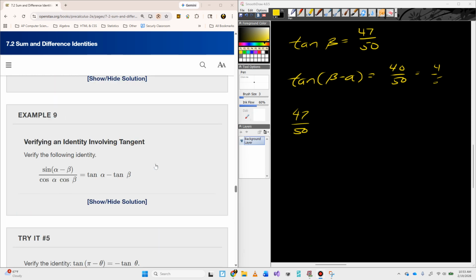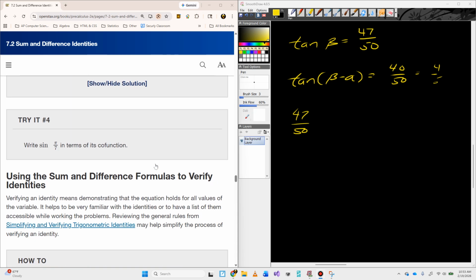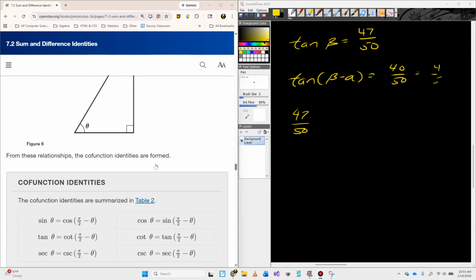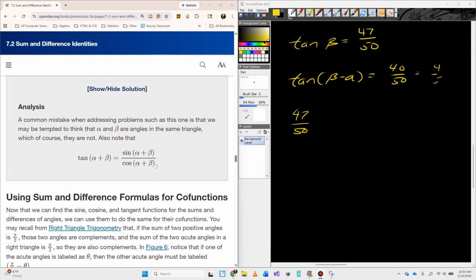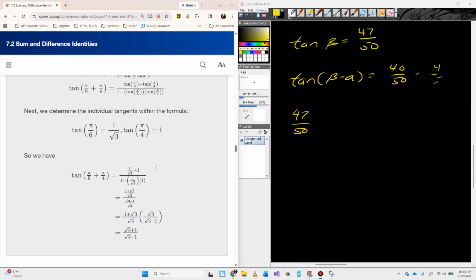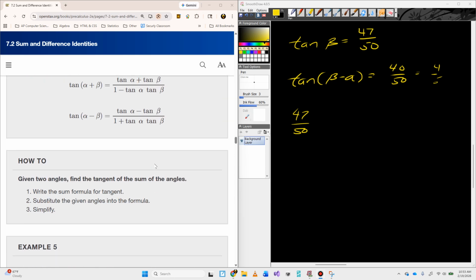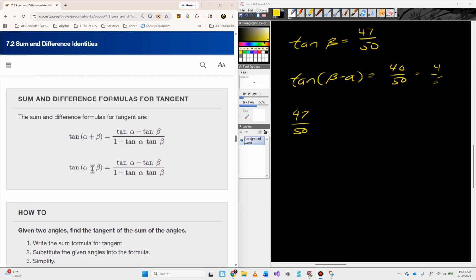So if I scroll up and look for that identity, which is where? Right here. Oops, not there. Where is it? This one. Tangent of alpha minus beta. Now I have to be very careful because this is not this. So I need to make sure that I interchange a few things.